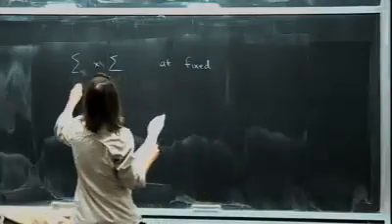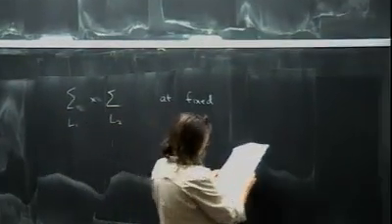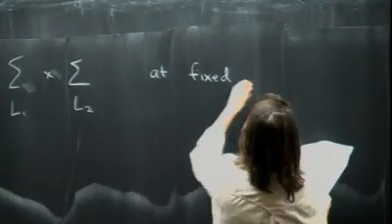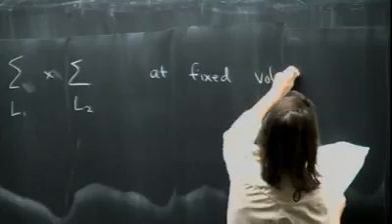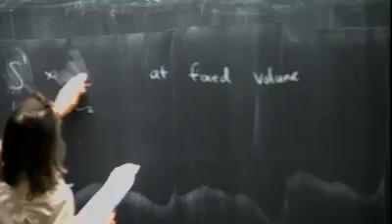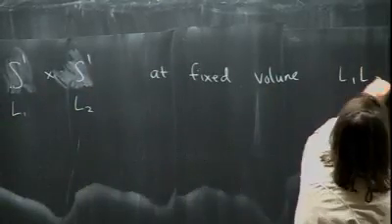Let's say this one has a length scale L1, this one has a length scale L2. For this very simple case, make it a circle. So you can work at fixed volume, fixed L1, L2.